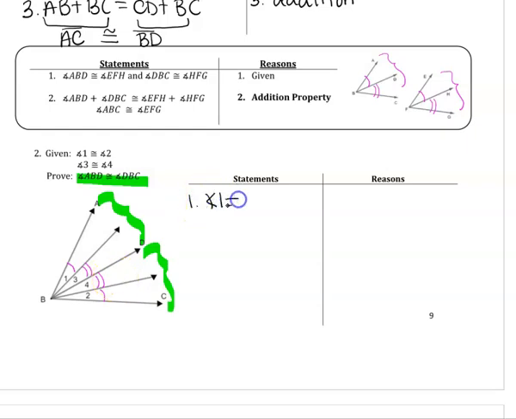All right, write down our givens. Okay, now make sure you're adding the right ones together. I want 1 plus 3 is equal to 2 plus 4.